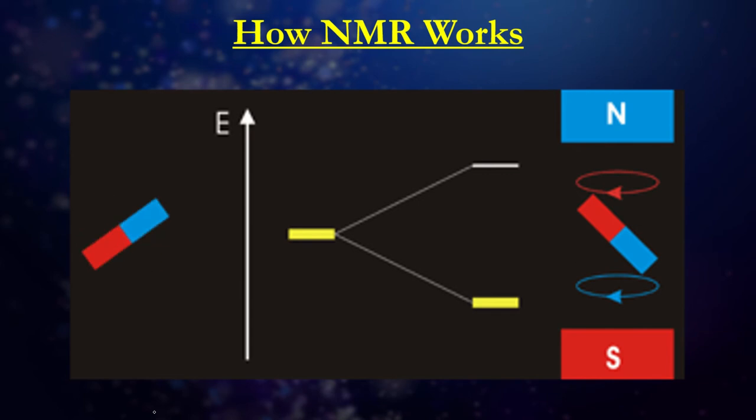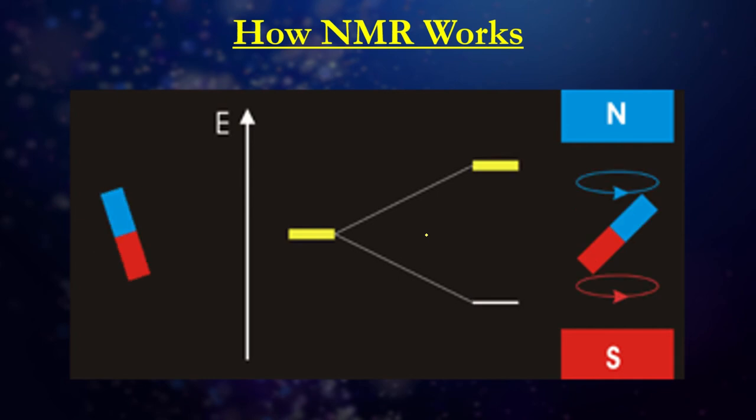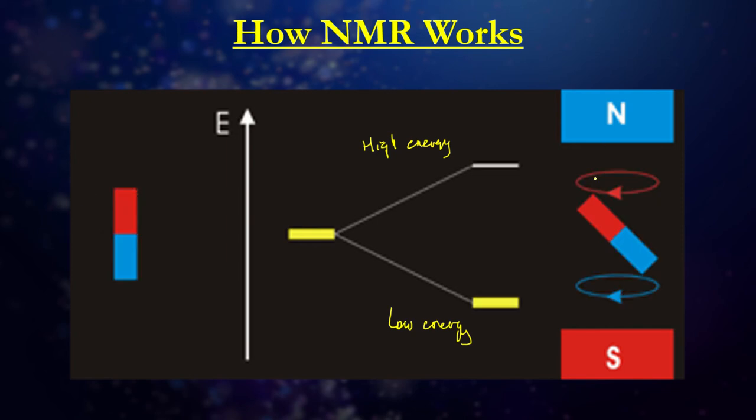Okay, so if you look at this chart here, with a magnet alignment, you can see it's a measure of energy. So obviously up here we have high energy, down here you have low energy. Let's say, for example, our external magnetic field is aligned from north to south.